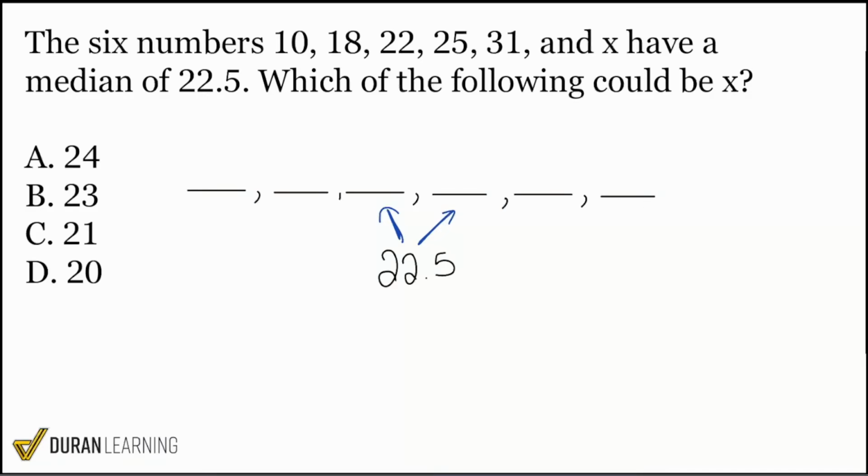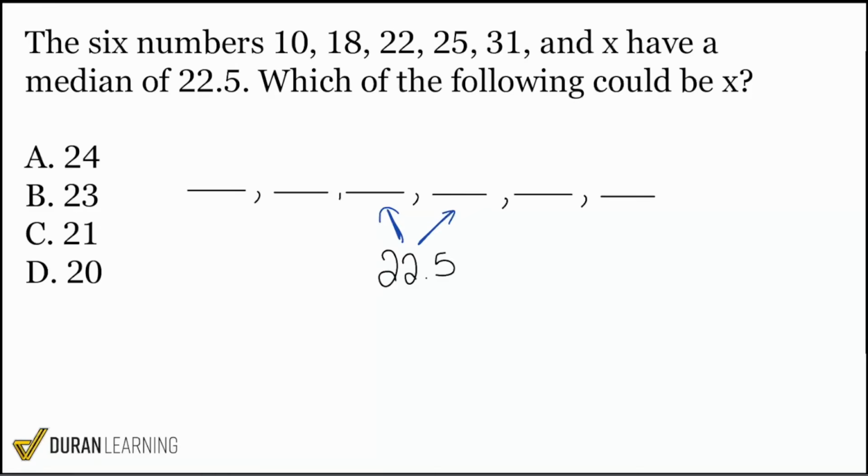So before I continue, yes or no, does that make sense? Again, if we knew all 6 of these numbers, to find the median, we would take the middle 2 and find the mean. Add them up, divide by 2, and that's how we would technically get here.